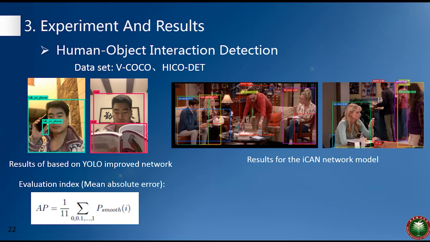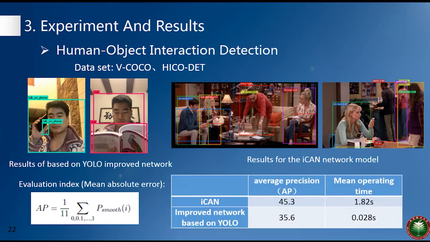You can see that the improved network based on YOLO has fast recognition speed, but the AP is lower than the ICANN network. The ICANN network can recognize multiple actions of each person, but it takes a long time. It's determined by their different model structures.